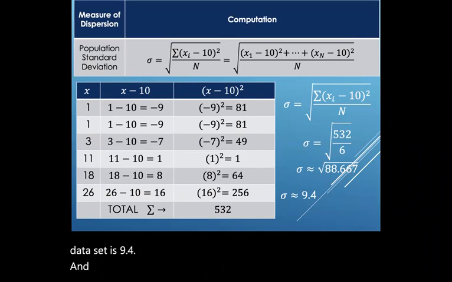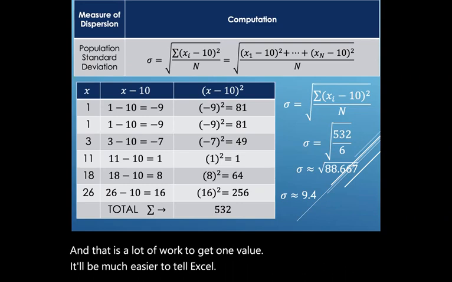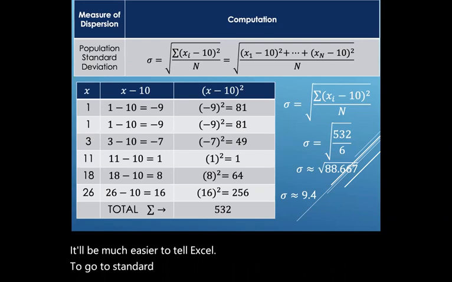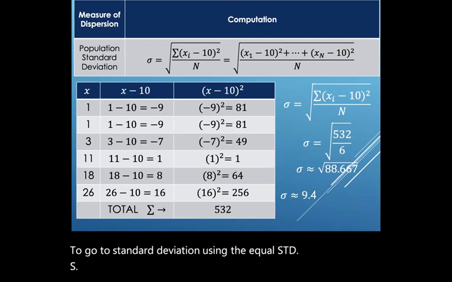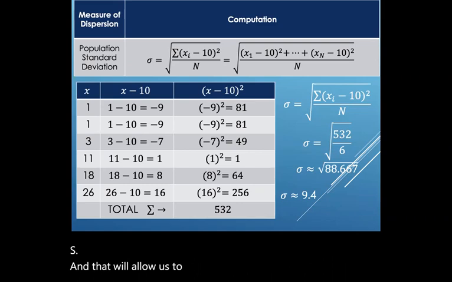And that is a lot of work to get one value. It'll be much easier to tell Excel to go to standard deviation using the equal stdev.s. And that will allow us to just calculate the standard deviation without all of this.